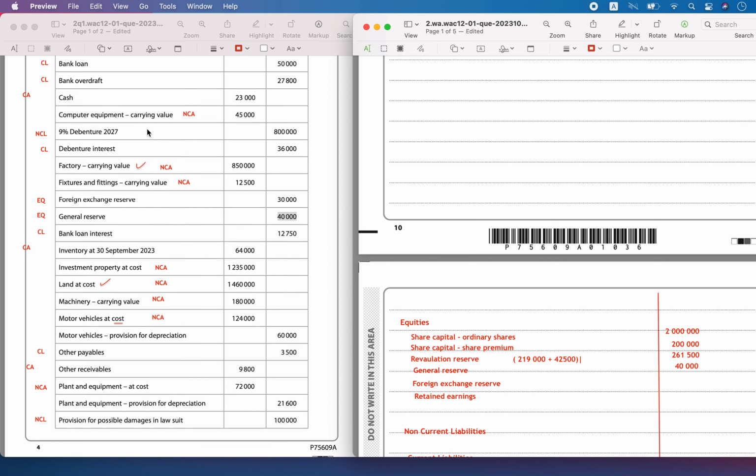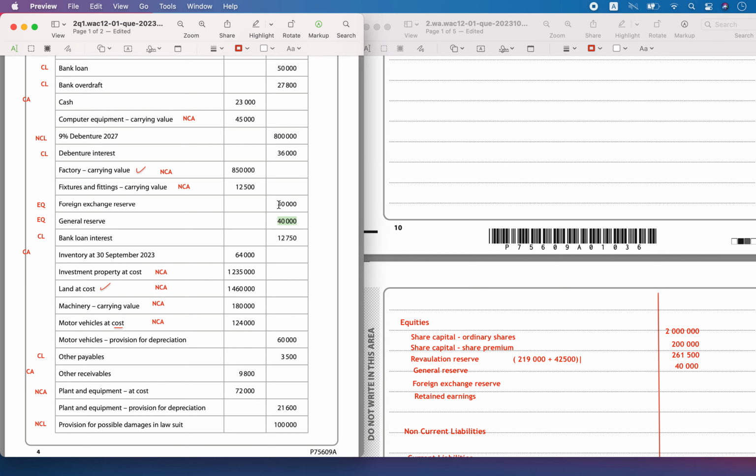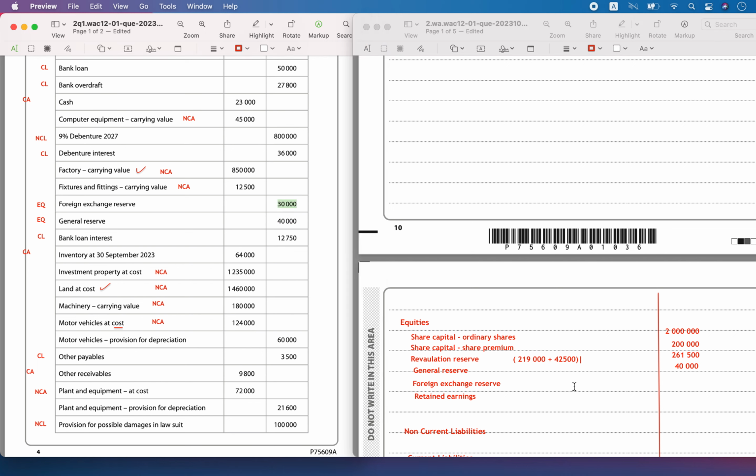And then the foreign exchange reserve is at 30,000.